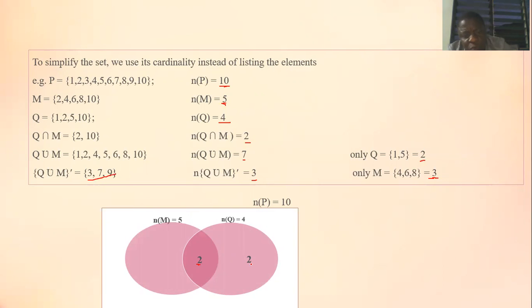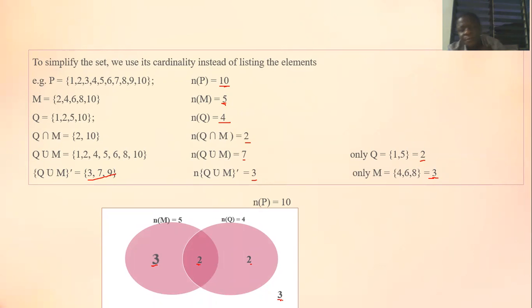That is also 2 elements. Then the number of elements remaining in only M is also 4, 6, and 8. That is 3 elements. So we don't need to list those elements individually, but rather write their total number. Again, the complement of the union of these two sets are 3, 7, and 9. So instead of us writing 3, 7, and 9, we write their total number of 3.